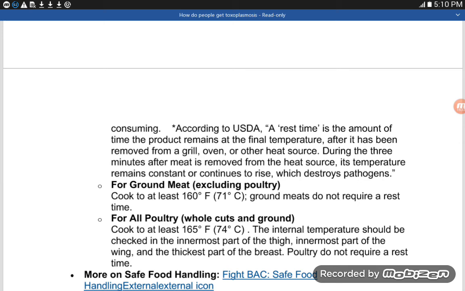Ground meats do not require a rest time. Here there is no need for rest time. For all poultry, whole cut and ground, cook to at least 165 Fahrenheit or 74 Celsius. Here the internal temperature should be checked in the innermost part of the thigh and wing, and the thickest part of the breast.